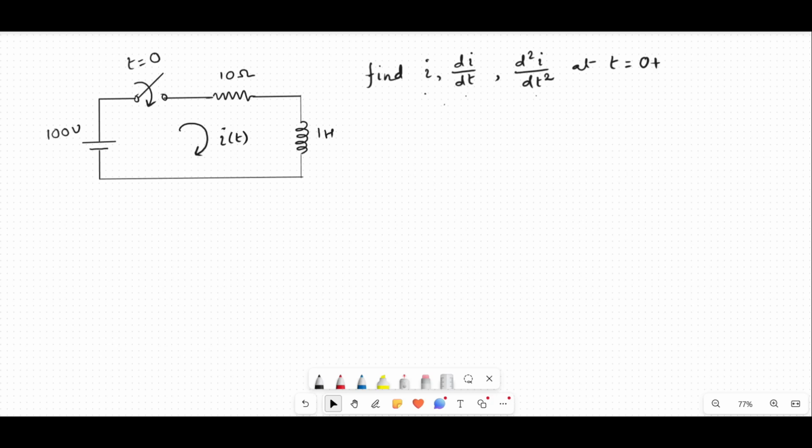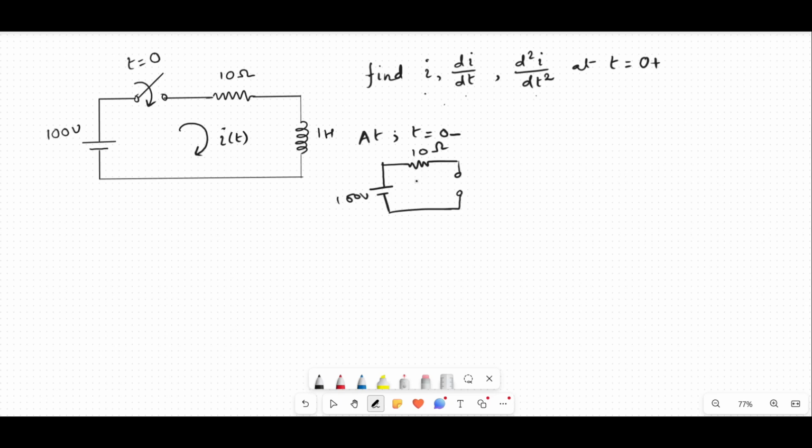Since initially the switch is open, there is no current flowing through the circuit, right? So if we consider t equals 0 minus, the initial condition when the switch is open, the circuit is given by this, where the inductor is an open circuit, as we have already seen, that during the initial condition when there is no excitation, the inductor behaves as an open circuit, right?